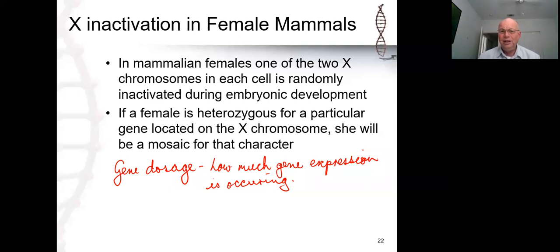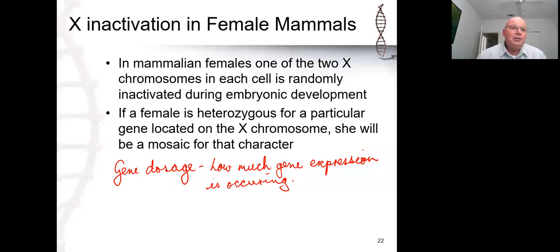This occurs very early in the development of the female embryos, usually around the 8 to 16 cell stage. And what that means is that when you look at the adult female, she actually represents a patchwork of X chromosome expression, or a mosaic as the book uses.